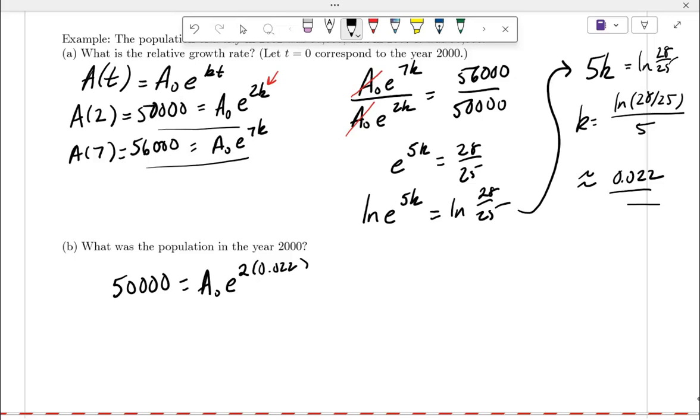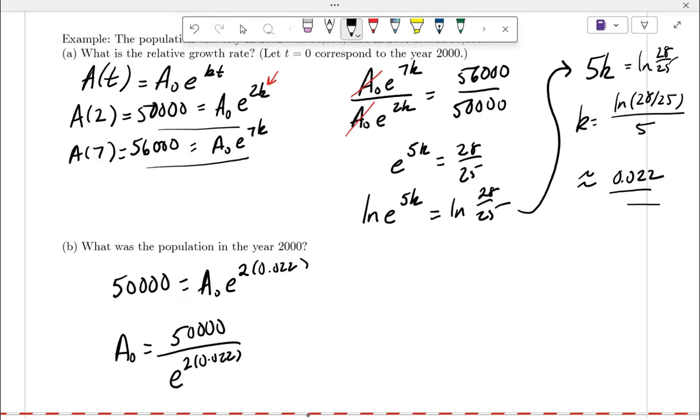What I need to do to solve for a sub 0 now. So in this case, my variable is not my exponent, right? This is just going to be a number, isn't it? So I just need to divide it, don't I? Yeah. Just divide it over. So your a sub 0 will be 50,000 divided by e to that number.